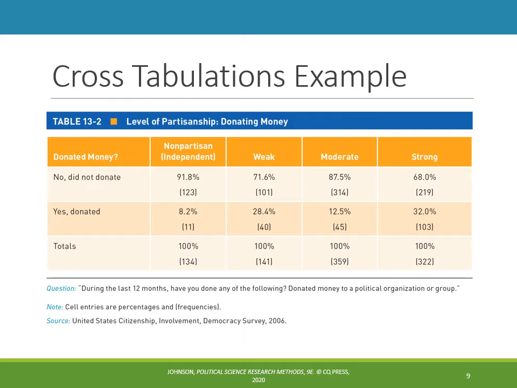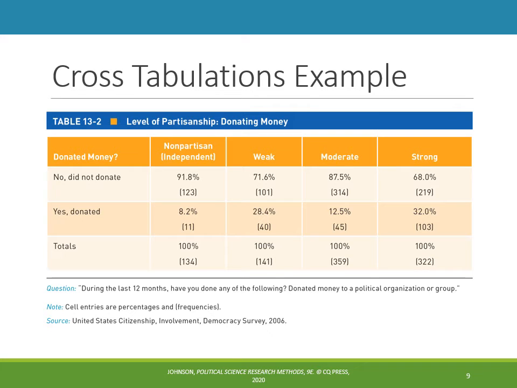Looking at the yes column, we can see that those who have a strong party ID association donated the highest, weak donated the lowest, and moderate donated in the middle. So we see that the stronger the party identification label is for this group of individuals, the more we see reporting donating.